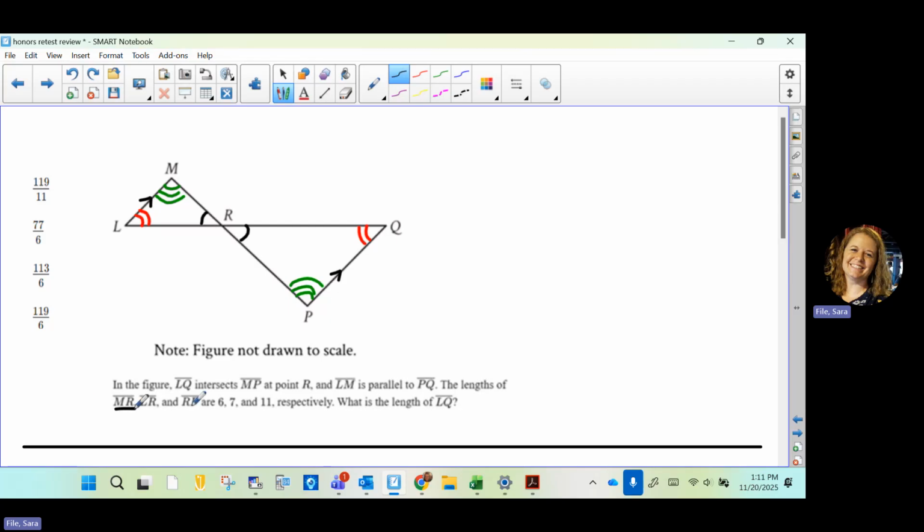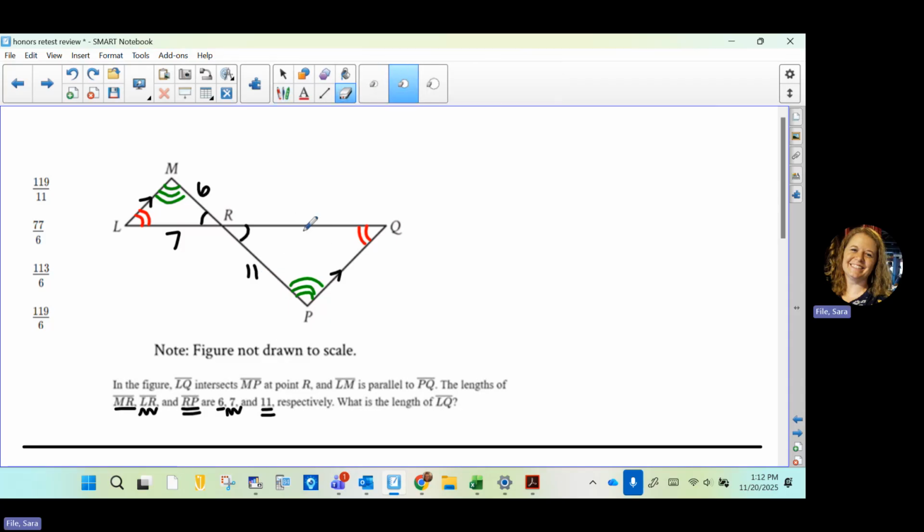MR is the first one listed, so it's 6, the first number listed. So MR is 6. LR is 7. And RP is 11. So far, so good?